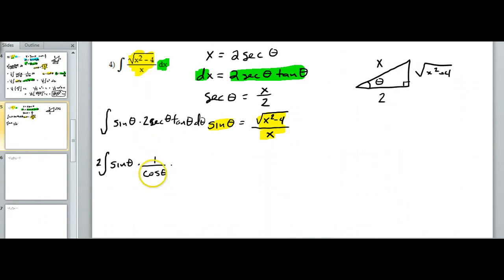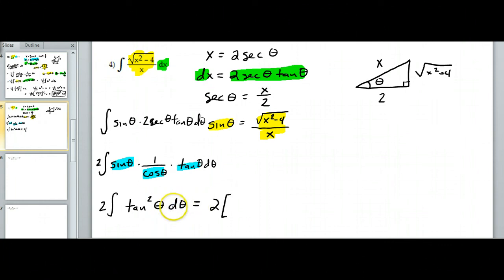Secant is 1 over cosine, sine is sine, but this tangent is sine over cosine. Well, that's what we have right here. Sine over cosine is the tangent. So this is 2 times the integral of tangent squared theta d theta.